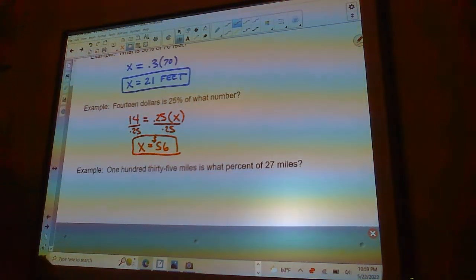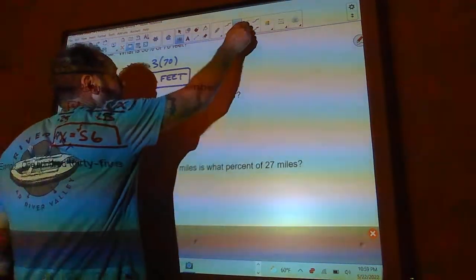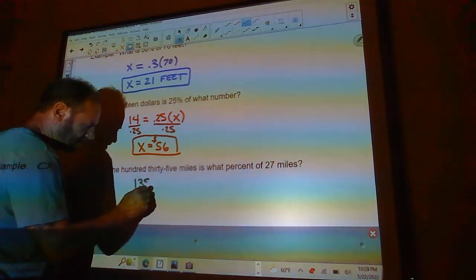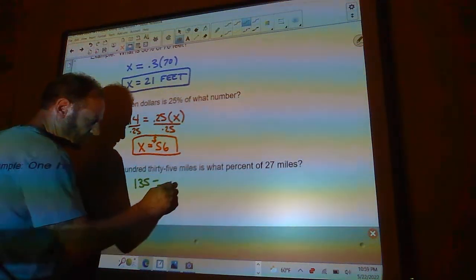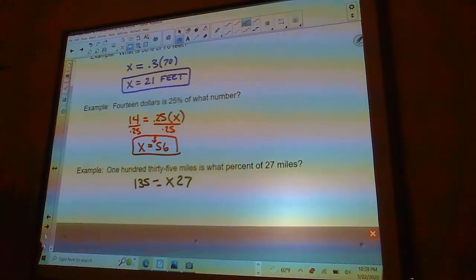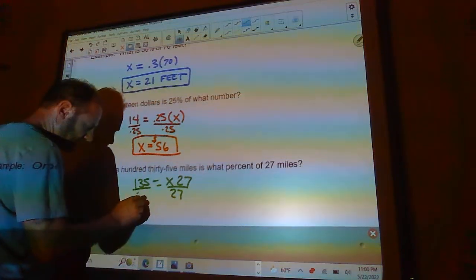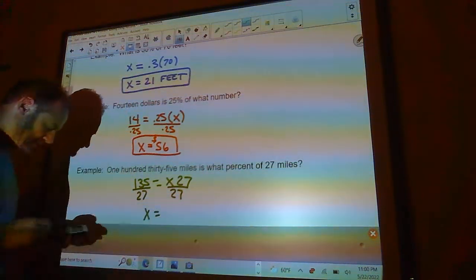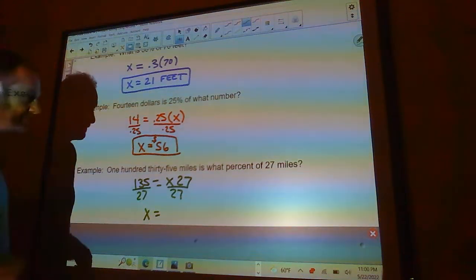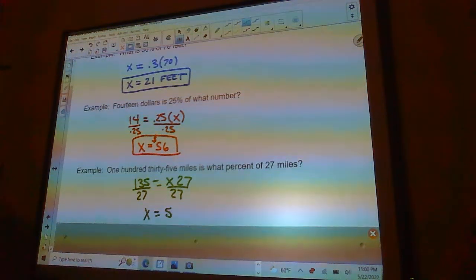Next, 135 miles is what percent of 27 miles? So 135 is what percent of 27? We're going to divide both sides by 27, and I get X equals 135 divided by 27, which is 5.